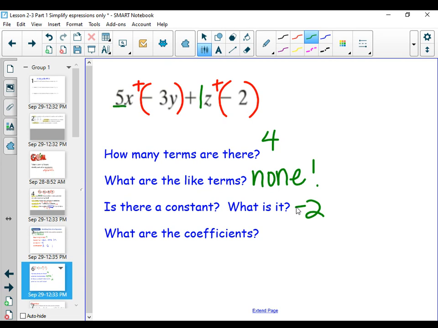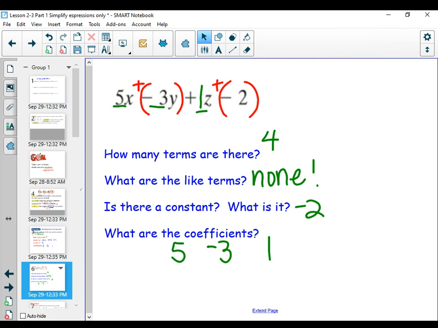I see a 5 in front. I see a negative 3 in front. I see a 1 in front. Maybe you need to pause to catch up. That's fine. Always fine to pause.